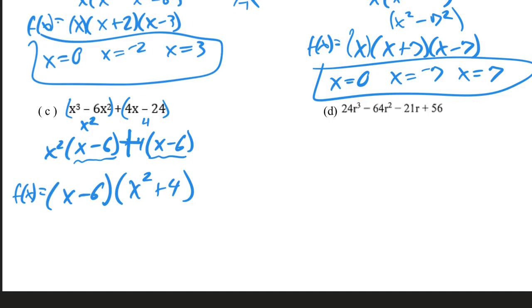which means I have a 0 at x equals 6. Does x squared plus 4 ever equal 0? Can you factor it? Kind of. It's x squared and 2 squared, so can you factor it?